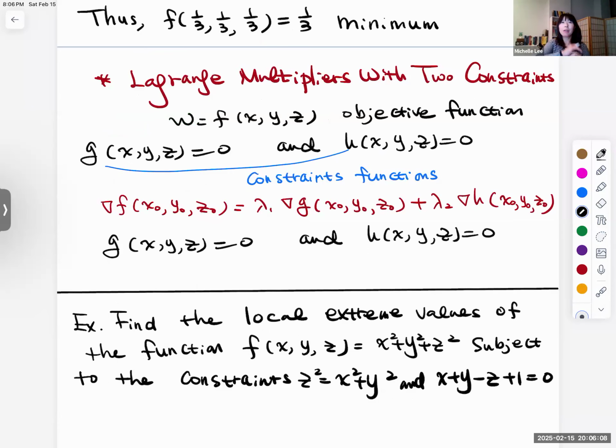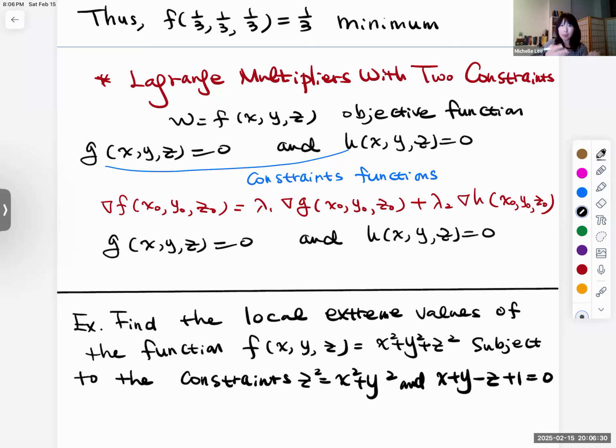Okay, so we have Lagrange multipliers with two constraints. We have three variables, one objective function, and two constraint functions.